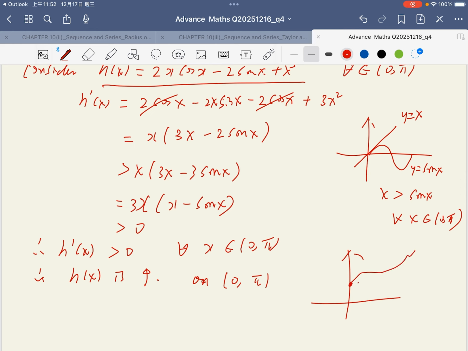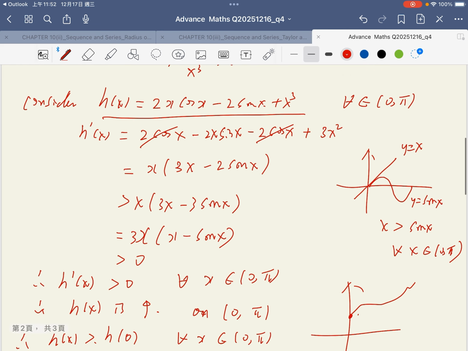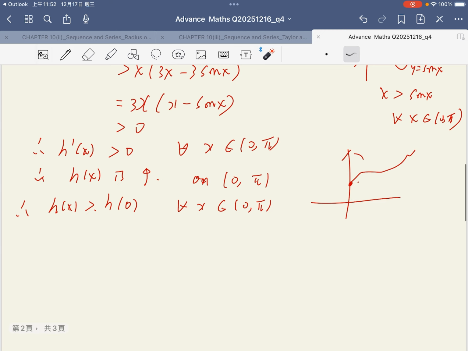Then the least value is h0, that is h(x) is greater than h0 for all x belong to (0, pi). Let me see the value of h0. h0, 2 times 0, this 0, this 0, this 0. That is, we have a conclusion, h(x) is greater than 0 for all x belong to (0, pi).